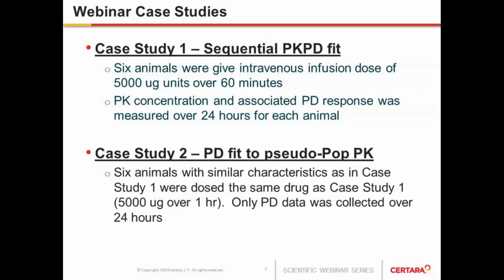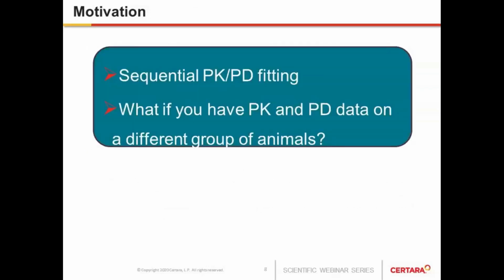The motivation in the sequential PKPD fitting is that a simultaneous fitting of PKPD data might not work as expected, as PD could influence the PK, and therefore it is best to fix or freeze the PK and use those to estimate the PD.